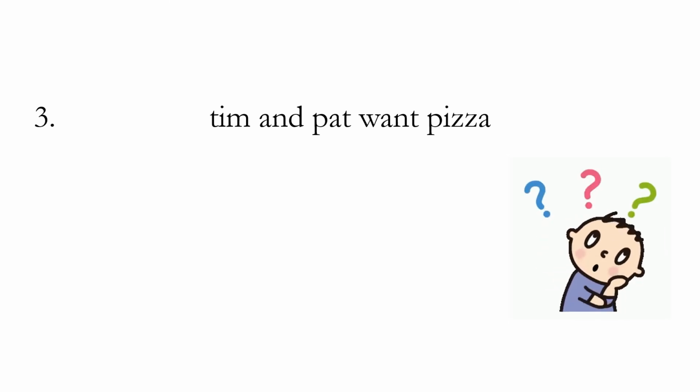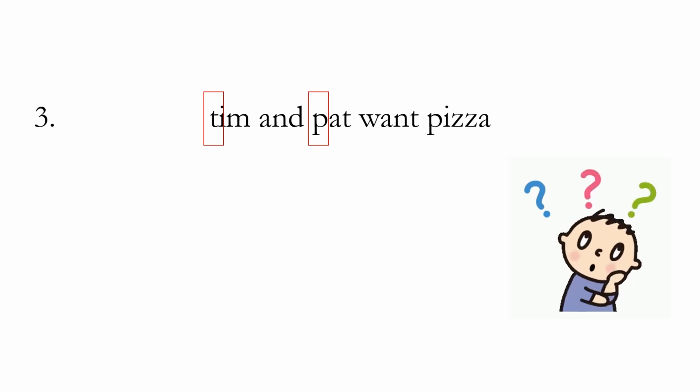Have you figured out what's wrong with this one? Well, if you said this, you're right. And did you realize that this one was wrong? And you know what? There's still one more problem. Something's wrong here, too.